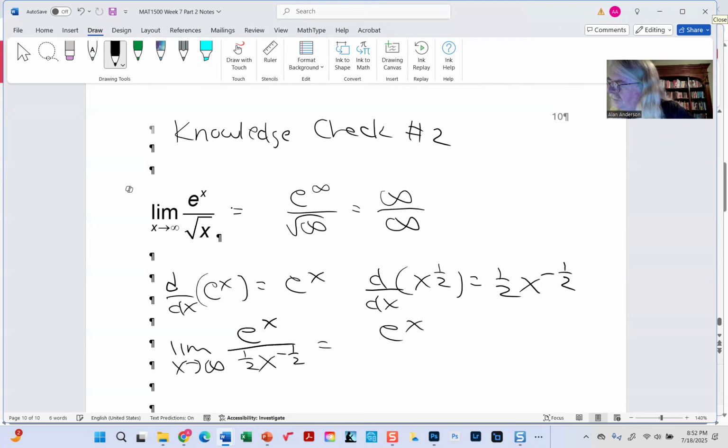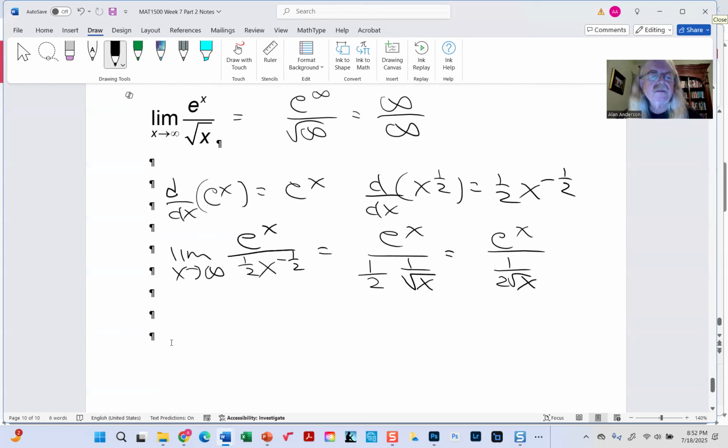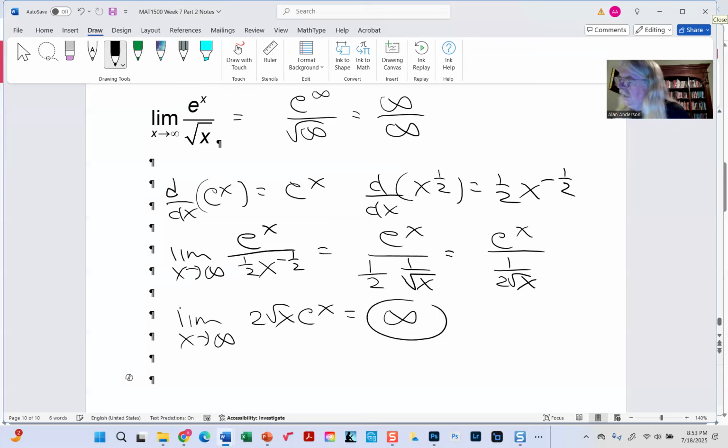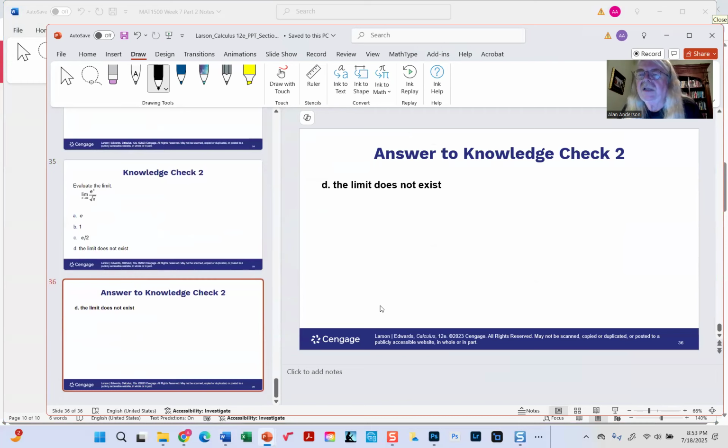Now, that's kind of a mess. And then we can write that as, and it's just infinity. Or D, the limit does not exist. Okay, it means the same thing.